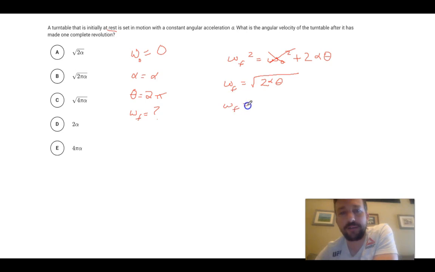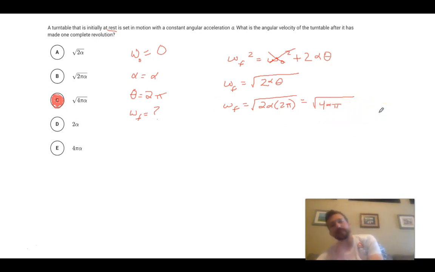So it'd be 2 alpha, theta is 2 pi because it made 1 revolution, and that can be rewritten as 2 times 2 is 4 alpha pi, and it looks like our answer is right here. They wrote it in a different order than me, but that's fine. Since multiplication, it doesn't matter which order you multiply, it always comes out as the same answer, right? Okay, next one.